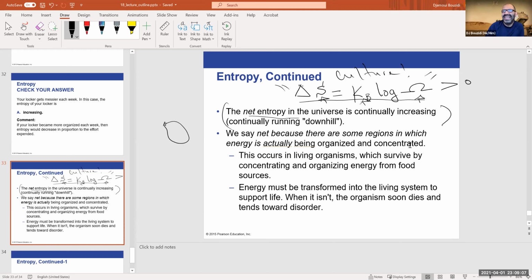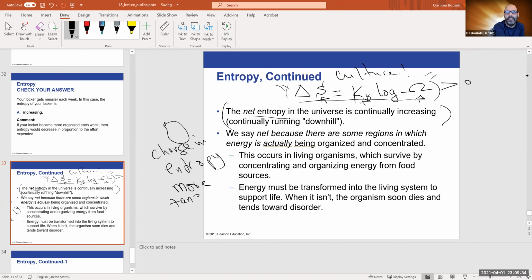Okay, so this is the thing with the entropy. The net entropy in the universe is continuously increasing, it's always going up. This is just to put it in what is written on it. But the entropy itself is always going up. The change in entropy is always more than 0.